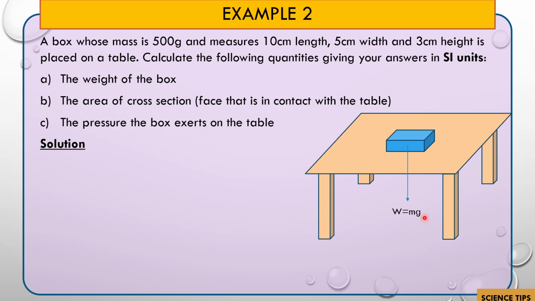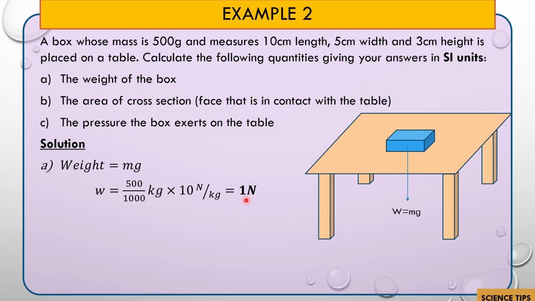Now that this box is on planet Earth, we said the acceleration due to gravity is about 10 newtons per kilogram on Earth. So weight equals mg, and then mass has to be converted to kilograms, and then we multiply by acceleration due to gravity, which I said is approximately 10 newtons per kilogram.